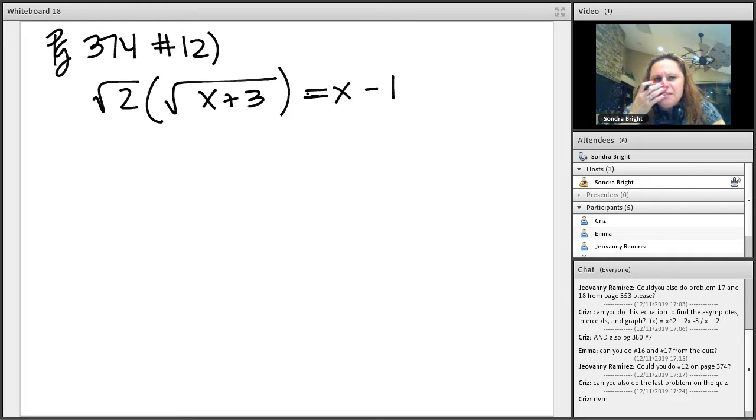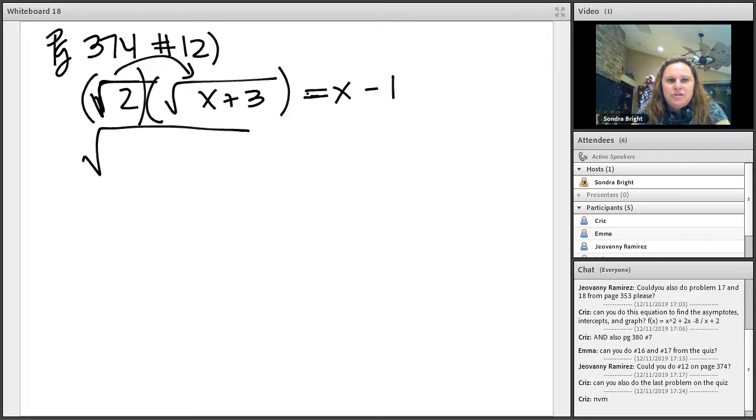You could square both sides the way it is right now. But when you square the left-hand side, you got to remember to square this guy also. So what I did instead is they're both square roots, so you can multiply these guys together. And when you do, it's a single rad, and you just take the 2 and multiply inside, so it would be a 2x plus 6. That's what I did. You could have squared both sides. You'll end up with the same answer as long as you remember to square that rad 2 also.